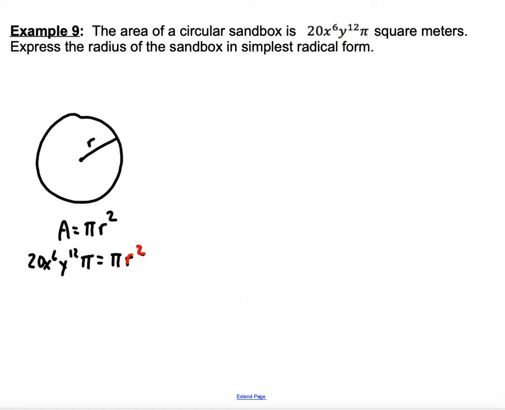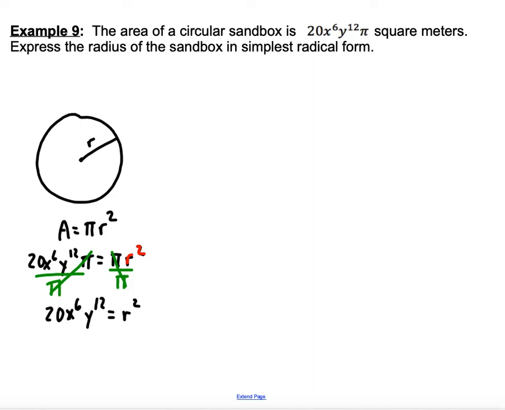To be able to do that, we're going to have to divide both sides there by pi. So notice what happens there, all those pi's cancel out. So now we have 20x to the 6th, y to the 12th equals r squared.